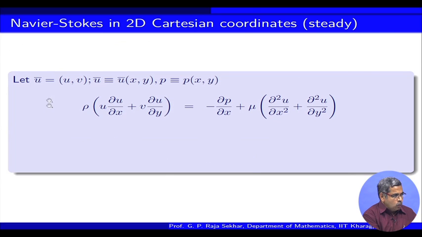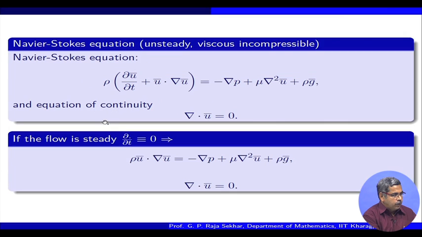Okay. So, now let us restrict the flow to 2 dimensions, that means the velocity vector is u comma v, where it is a function of x and y in 2 dimensions, and also the pressure is a function of x and y in 2 dimensions. Then what we are trying to do is write down the Navier-Stokes equation in component form. So, this steady case we are writing.